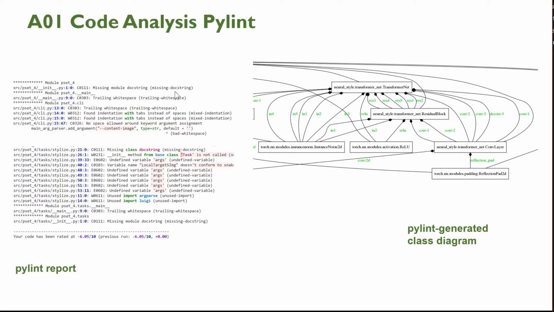This one is the class diagram that Pyreverse can generate. It's free, so it's very fast. It's not very readable. I think that the one that I get from PyCharm is almost as good or maybe better.